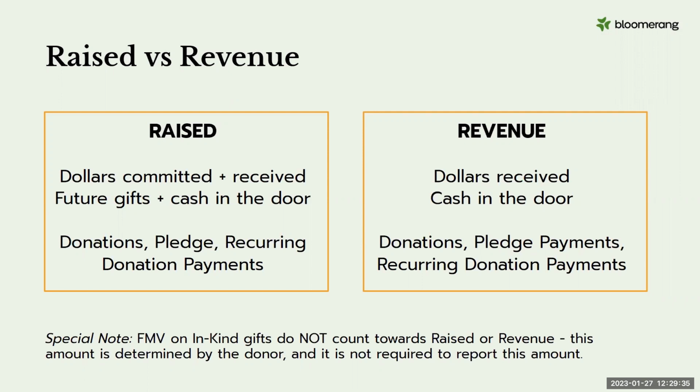It can also help you plan for the possibility of what you need to make up to reach your goal, especially for the possibility that pledge payments may not come in time, or if you have multi-year pledges where the pledge payments extends beyond the particular date range that you're looking at.